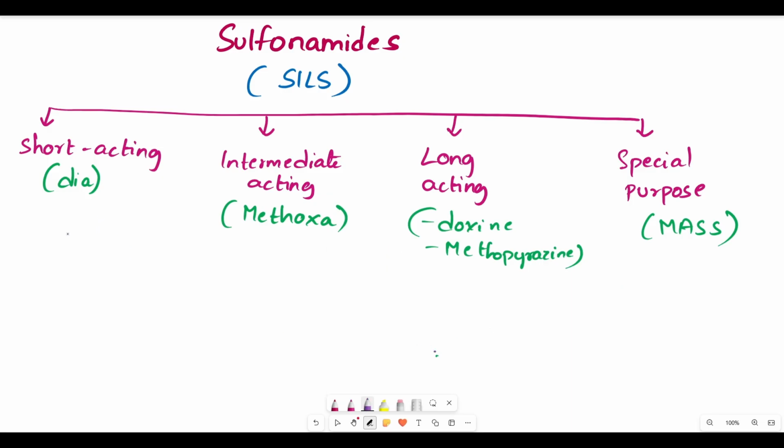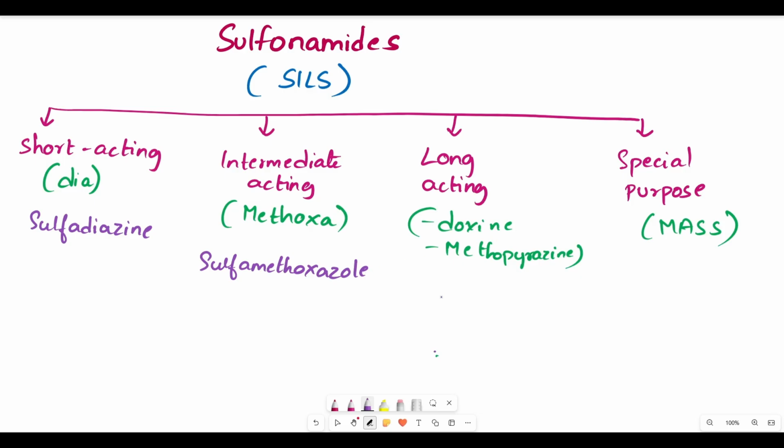In the short acting, dia means there is only one single example, that is sulfadiazine. Coming to the intermediate acting, if you remember this methoxa, you can write the example, that is sulfamethoxazole. Sulfamethoxazole is the only drug present under this intermediate acting.